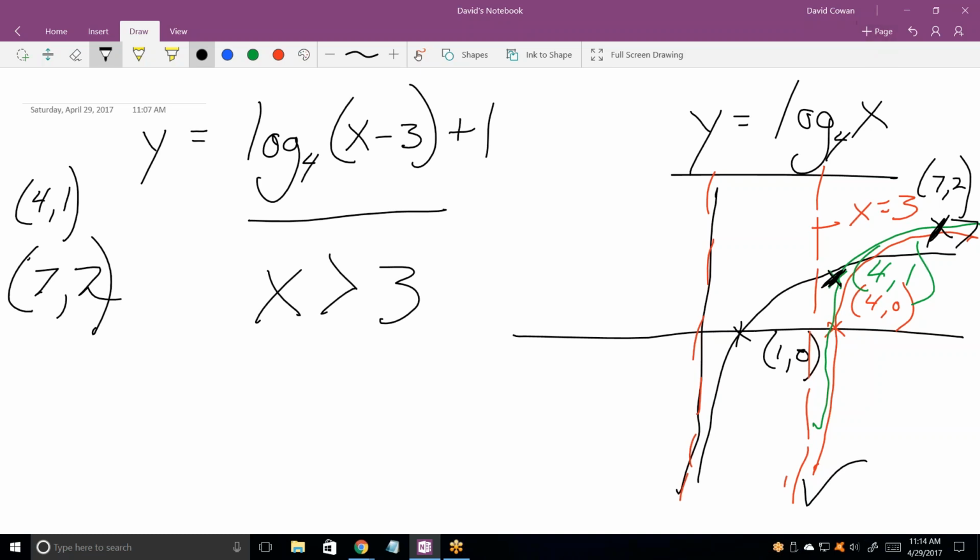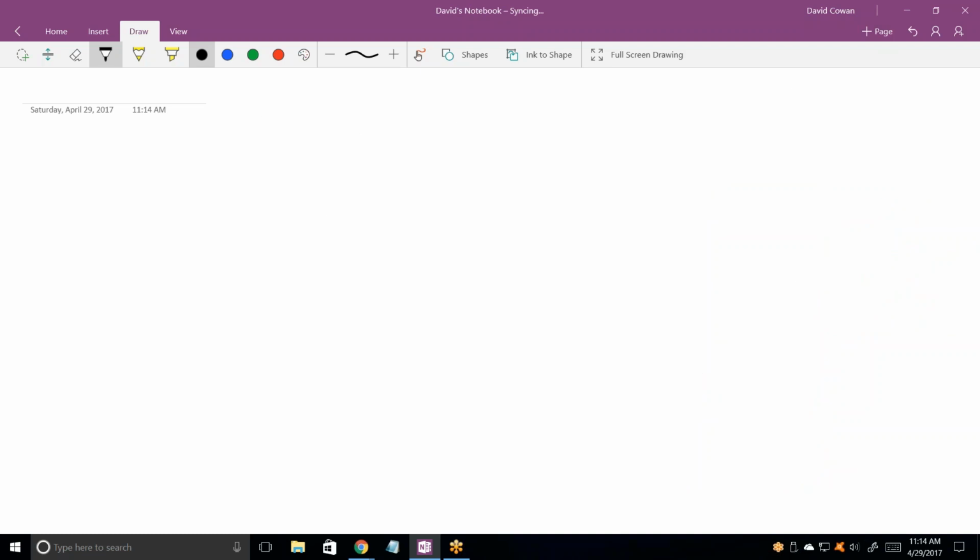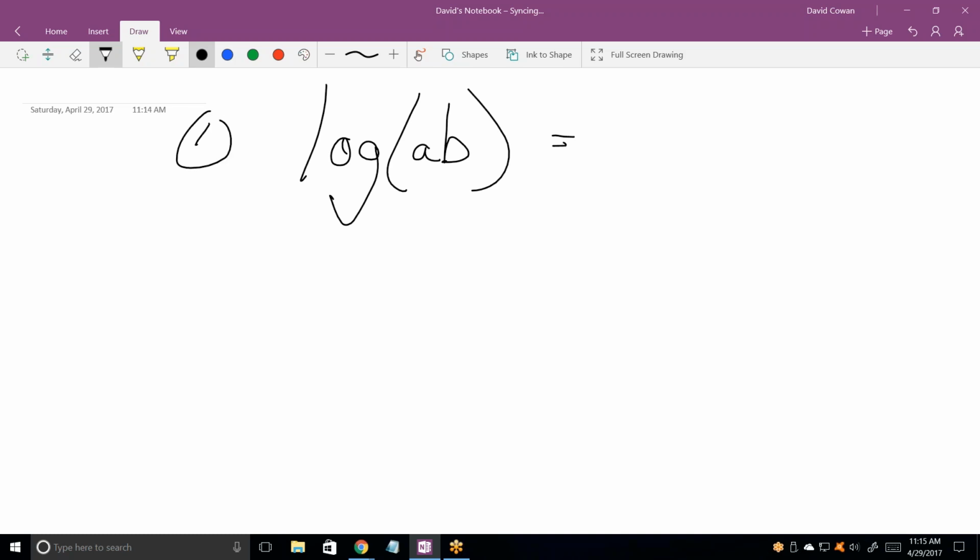Now the next one is: use the properties of logarithms to expand the following expression. Let's go through the 3 properties of logarithms. Property number 1.